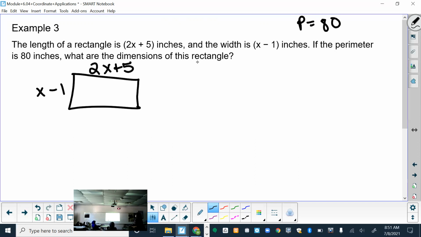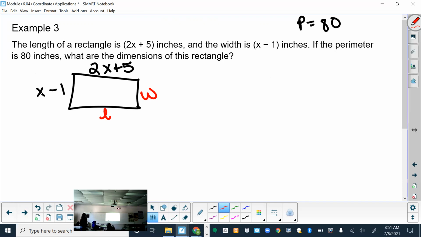And we want to know the dimensions of this rectangle. What does it mean when it says dimensions? What's it really asking for? It's asking for the length of both sides. Good, so it's asking what does the length equal and what does the width equal, not just that it equals x minus 1. We want the exact number.